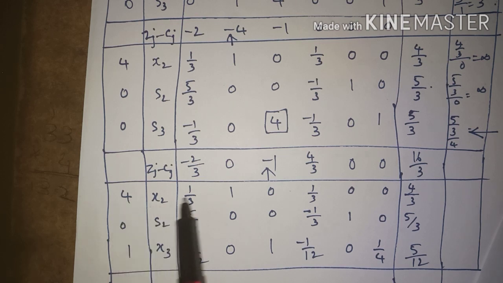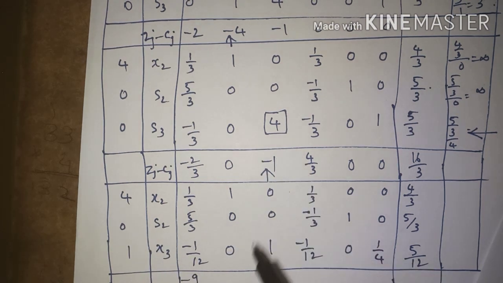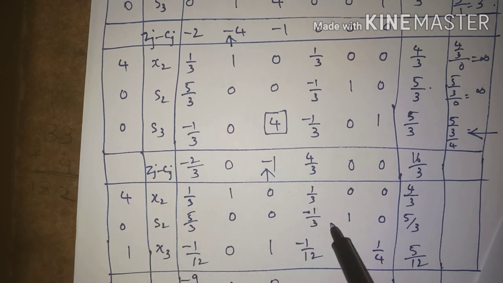Now if you simplify 4 into 1 by 3 plus 0 into 5 by 3 plus 1 into minus 1 by 12, you will get minus 25 plus 16 by 12, which is minus 9 by 12. Next, 4 into 1 plus 0 into 0 plus 1 into 0 minus 4 is 0. 4 into 0, 0 into 0, 1 into 1 minus 1 is 0. 4 into 1 by 3 is 4 by 3, minus 1 by 12.